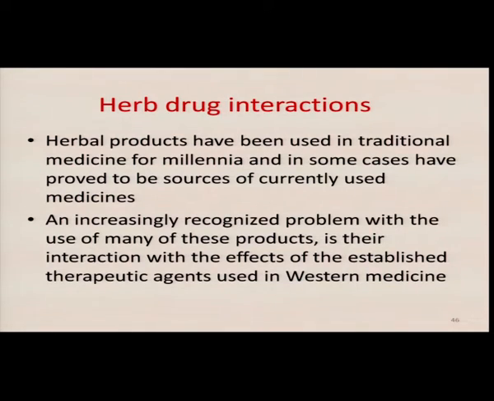All these are part of what we call medical therapy, and many medicinal plants and their use for specific diseases, or in combination with many others as a therapeutic product, have been very well known since millennia, and in some cases they have proved to be sources of currently used medicines.